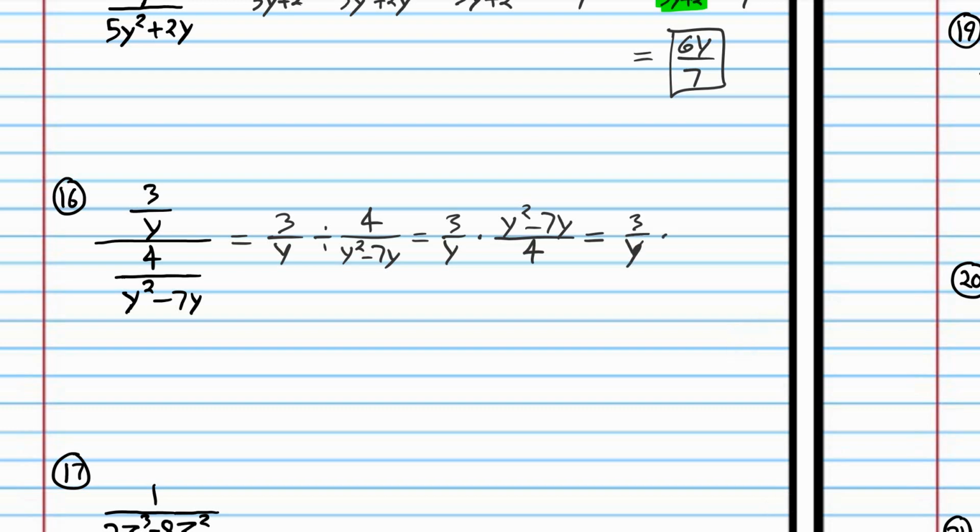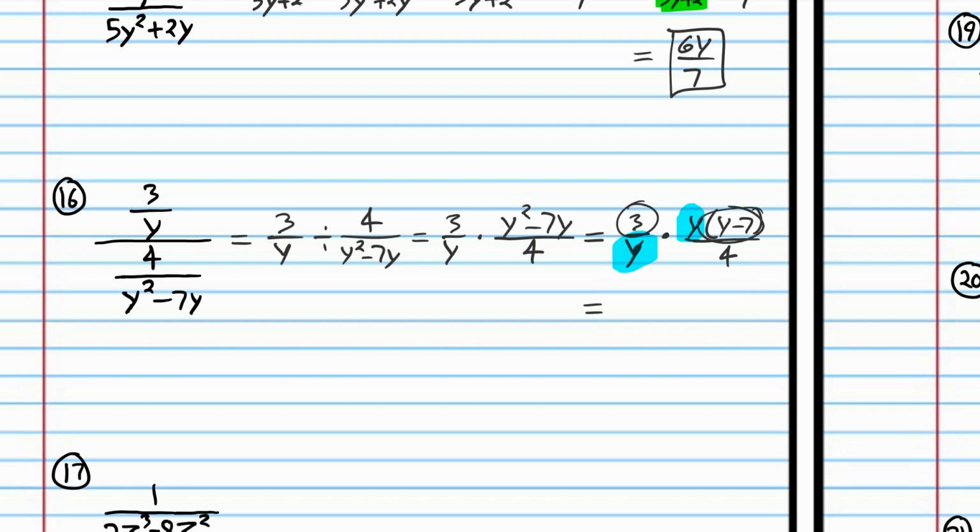And we know that we can factor out a common factor here. We can factor out y, and we're left with y minus 7 over 4. And it looks like there's really only one thing that we can cancel. We can cancel these y's because there's a y on top and a y on the bottom. So those just disappear. And then we go ahead and multiply with the leftover parts.